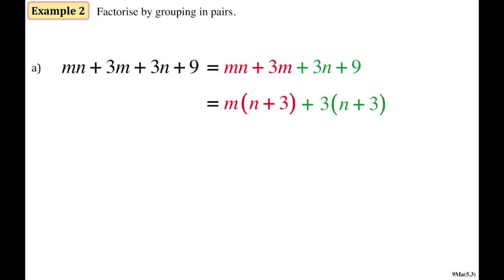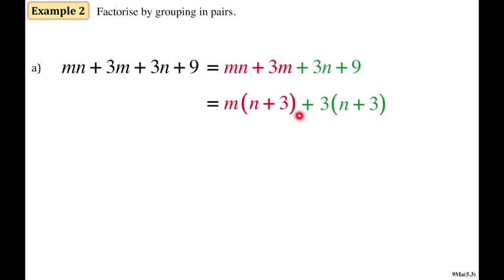I can do a quick check. What's m times n? mn. What's m times 3? 3m. What's 3 times n? 3n. What's 3 times 3? 9. So that all checks out. Now I've got it down to common brackets of n plus 3.